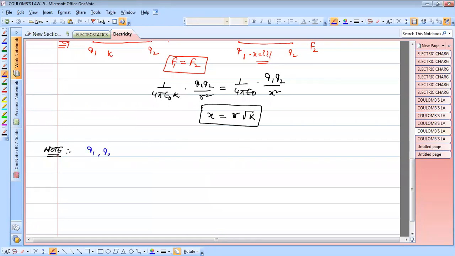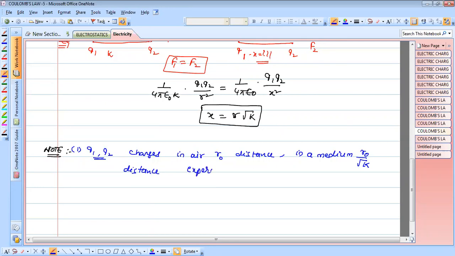If Q1, Q2 or any two charges are at R0 distance in air and at R0 by root K distance in a medium, they experience the same force.